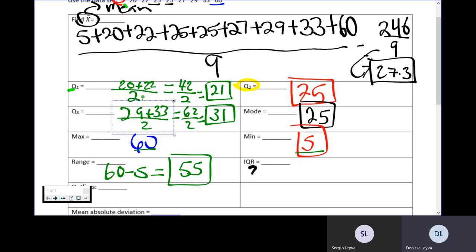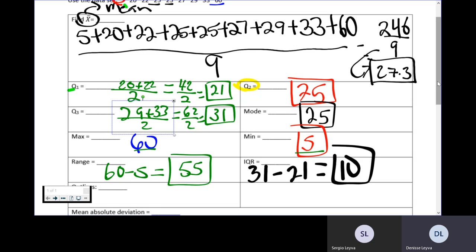My Q3 is 31 minus my Q1, which is 21. And that's going to give me 10. I'm almost done. So my IQR would be 10.